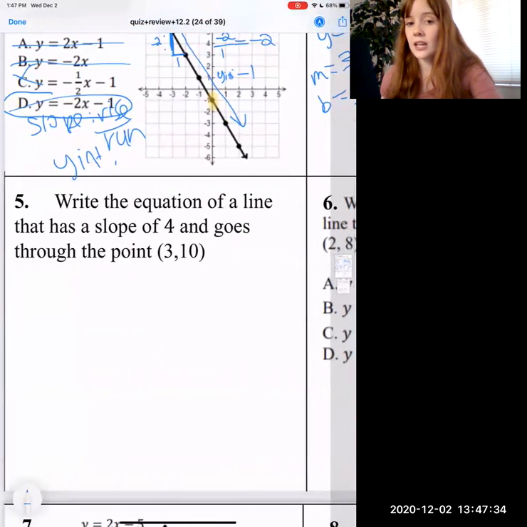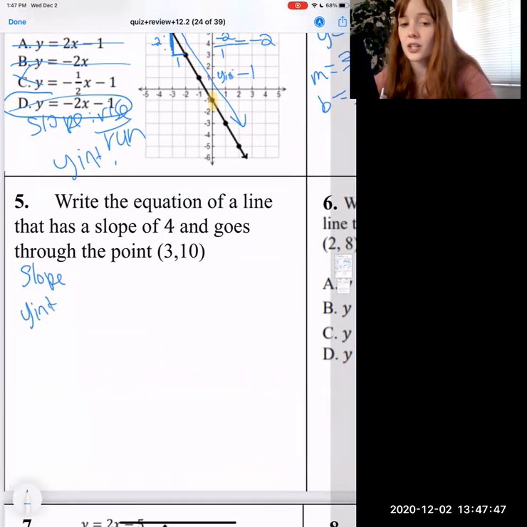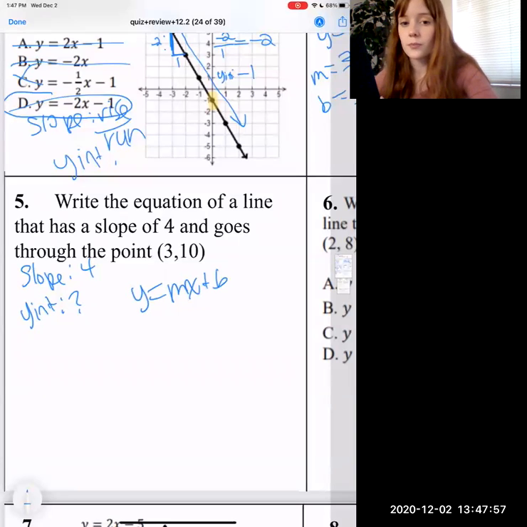Write the equation of a line that has a slope of 4 and goes through the point (3, 10). We need to know the slope and the y-intercept before I start writing my equation. I know the slope is 4. I don't know the y-intercept. This is where we have to use the equation y equals mx plus b, where we plug in our slope as m and our ordered pair as x and y.